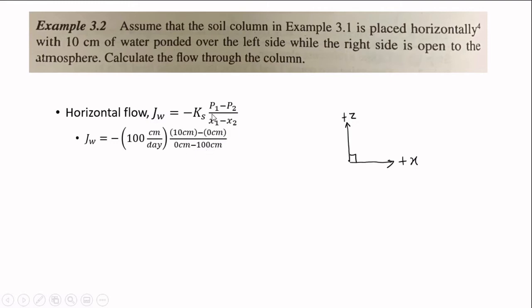The X1 is taken as a reference point at 0 centimeter, because we always start counting from the smallest to the highest, so X1 is 0 centimeter, X2 is 100 centimeter. With that, you can get 10 centimeter per day.